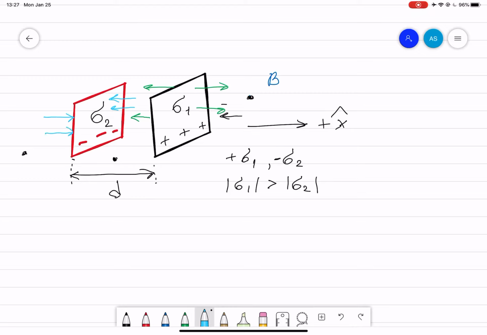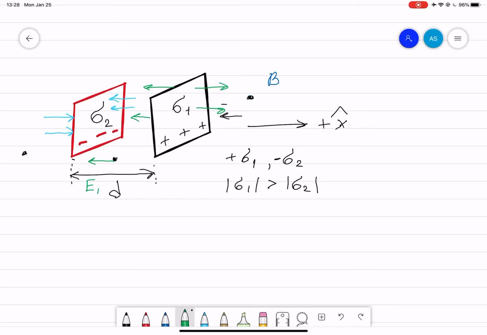Now let's find the magnitude of the electric field midway between sigma 1 and sigma 2. First, the electric field coming from the positively charged plate will be pointing to the left, right? I call this one E1.